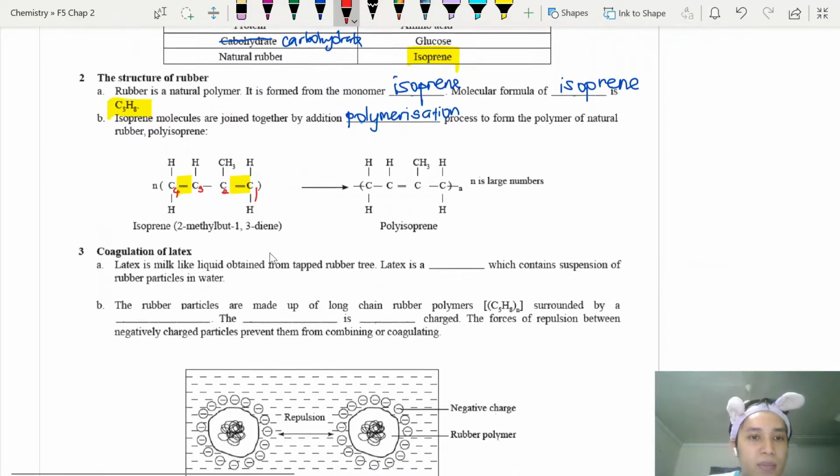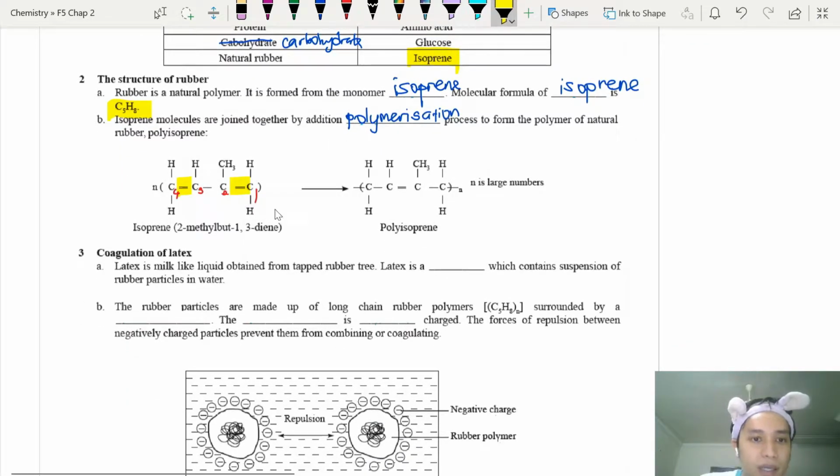That's why here they put 1,3, to indicate the positions of the two double bonds. One double bond is at the first carbon, the second is at the third carbon. That's why it's 1,3-diene. Diene means two double bonds, so you need to remember this.